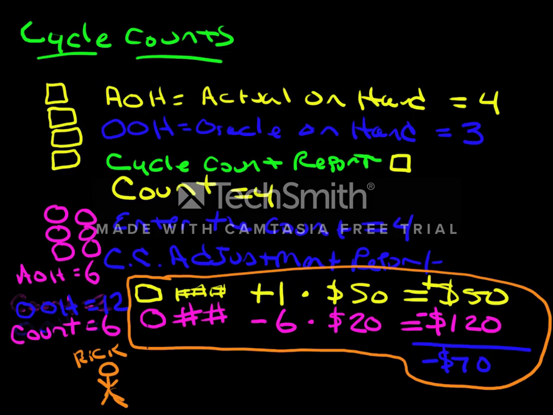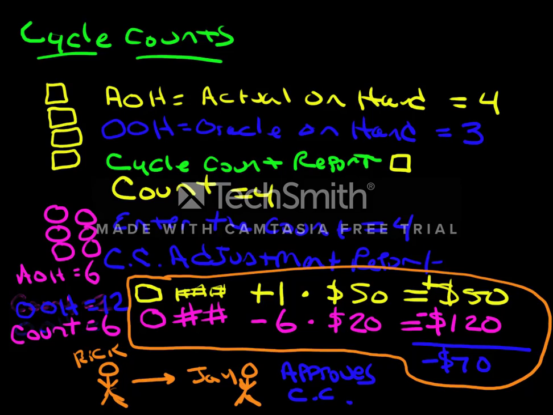And Rick takes a look at that, and he says, yep, that's okay, $70 is reasonable, these changes here are reasonable, so he says that's okay. So then we pass it on next to Jay. And Jay takes a look, and let's say Jay also thinks that's a reasonable thing. And so then he does something in Oracle, and remember Oracle is blue. He approves the cycle count.